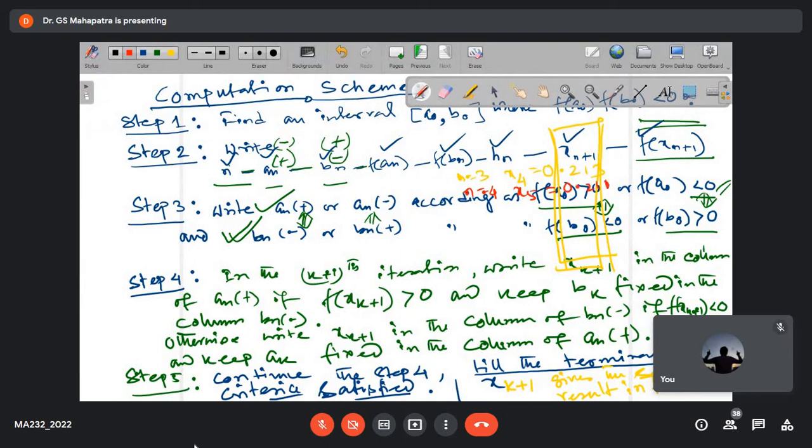If your stopping criteria is correct up to 2 decimal places, then you can stop here. That means at n equals 4. Correct? Why? For two decimal places, x4 and x5 give the same result, 0.21, 0.21. It is similar to the bisection method. Here only you have to check. So that's all the computational method.